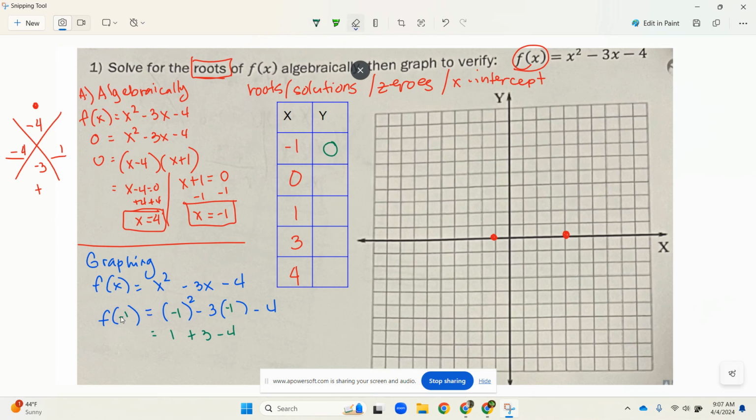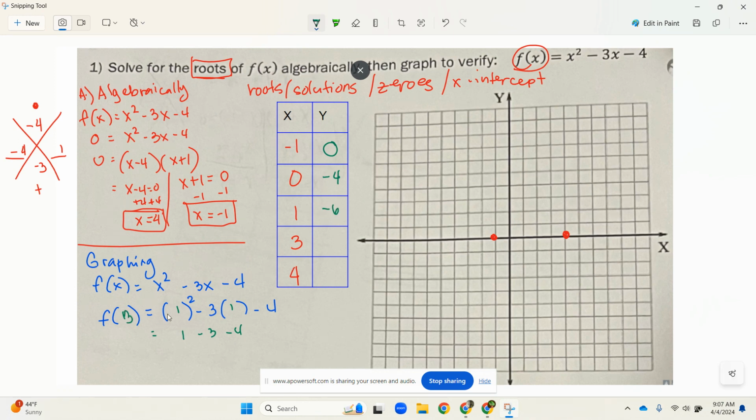Next value of x that we want to find out is 0. So f of 0. Of course, if you have a calculator, you can just plug all of these in the calculator and make sure you have the parentheses. So this is 0 squared is 0 minus 4, so this is going to be negative 4. Next value of x is 1. So f of 1, 1 squared minus 3x, so this is going to be 1 minus 3 minus 4, that's going to be negative 6.